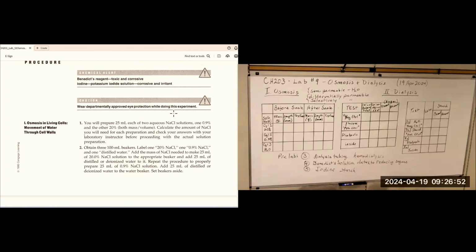All right. So let me erase this. And we'll just leave the data tables up here.